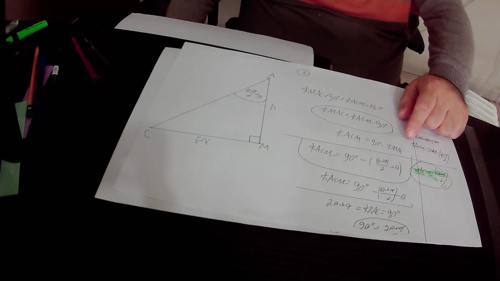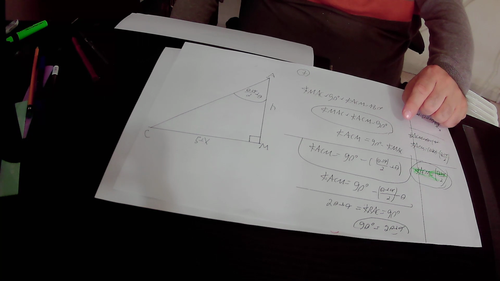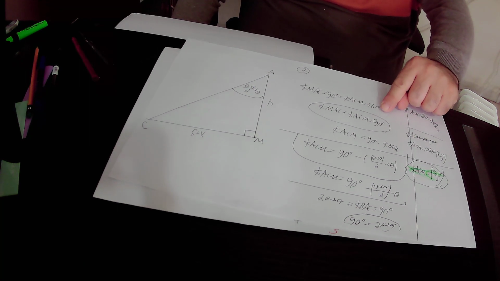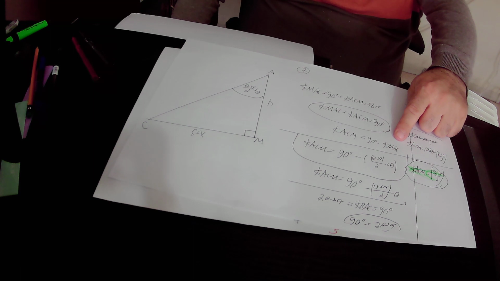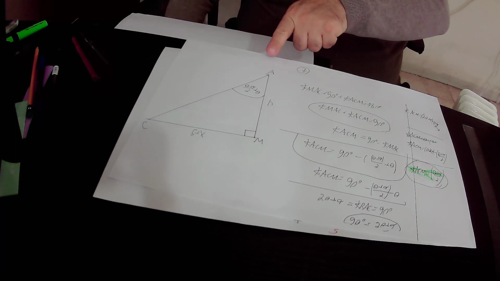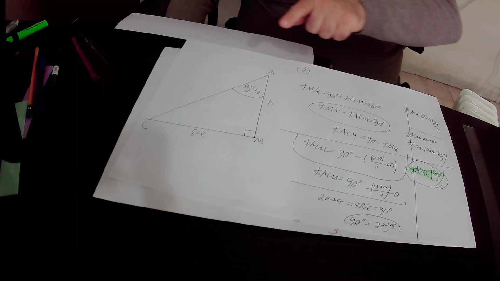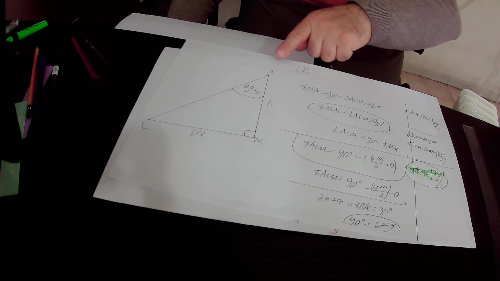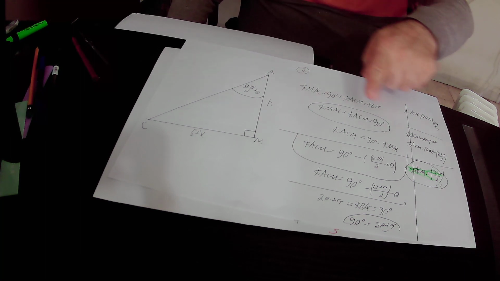So angle ACM equals 90 degrees minus angle MAC, and we already found out that angle CAM equals theta plus alpha over 2 plus theta.